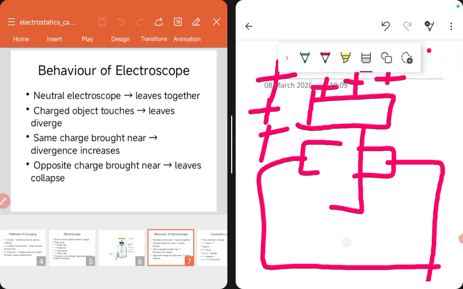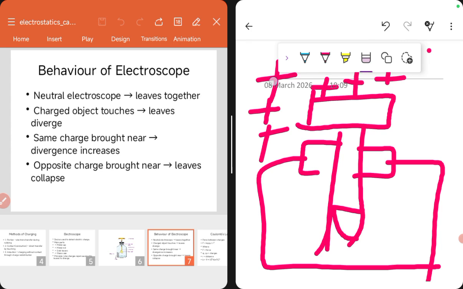So these leaves here would converge. That means they would tighten in. This is a repulsion. So they will converge, they will tighten into themselves.